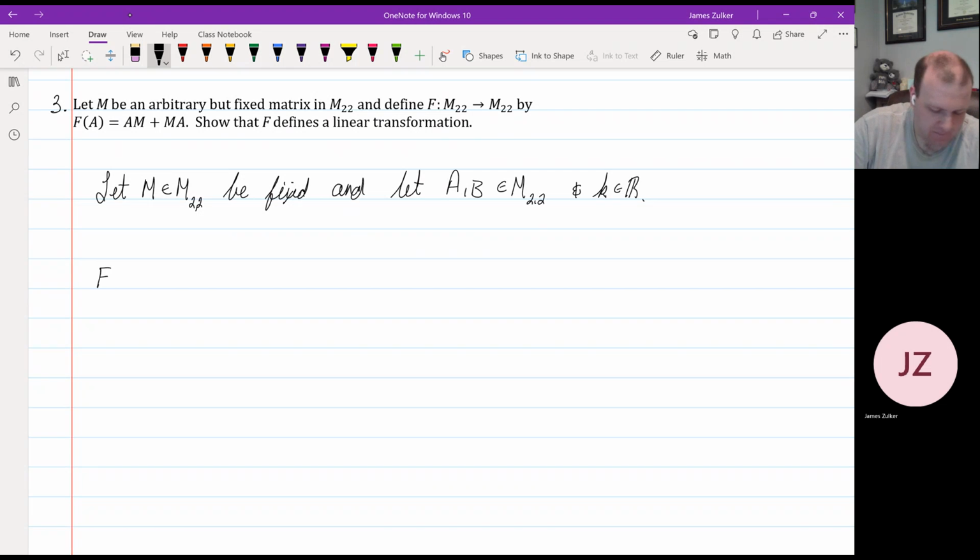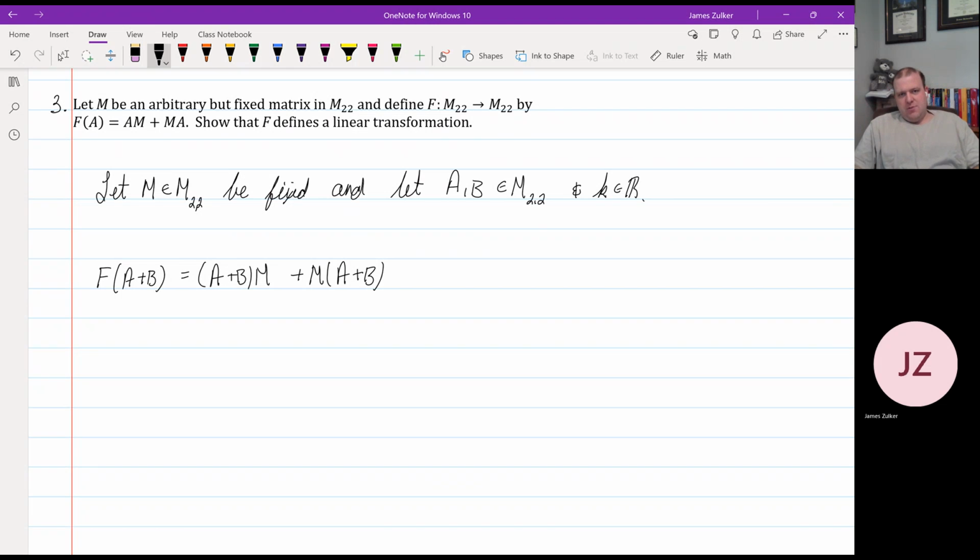If we look at F of A plus B, by definition of F, this will be (A plus B) times M plus M times (A plus B). Now, since A and B are 2 by 2 matrices, their sum is a 2 by 2 matrix. So we have a 2 by 2 times a 2 by 2, that's defined.